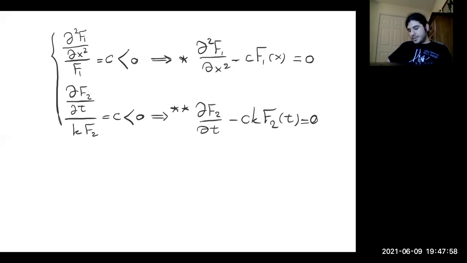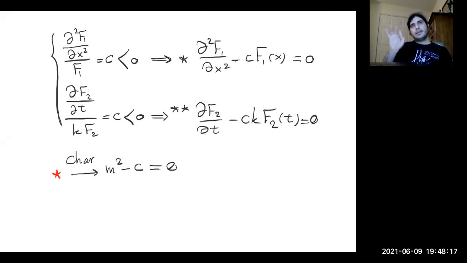Okay, so let's start with equation star, the first one. This is homogeneous, so we write down the characteristic polynomial. We would have m squared minus c equals 0. Now here, note that c is negative, so minus c is something positive. M squared plus something positive is equal to 0, so the solutions are going to be complex, not real.